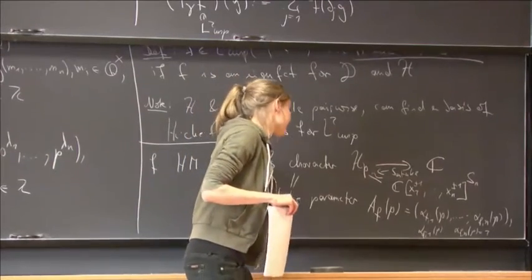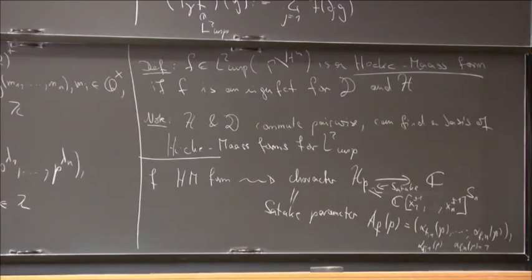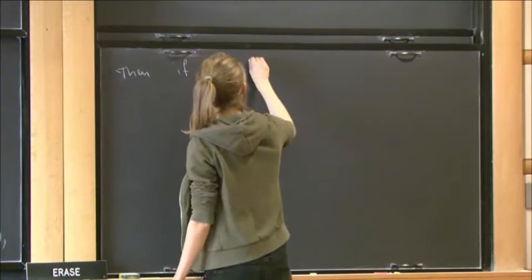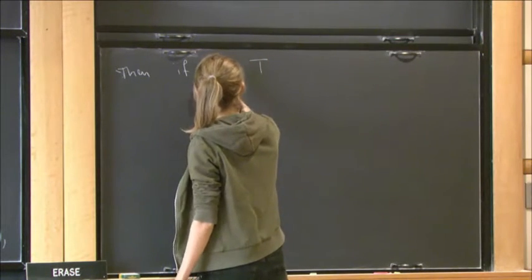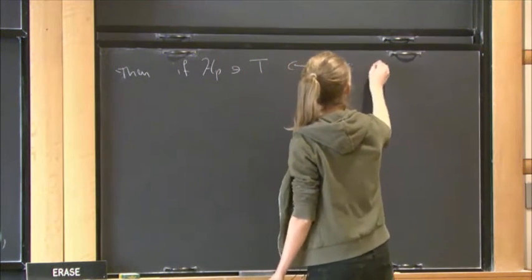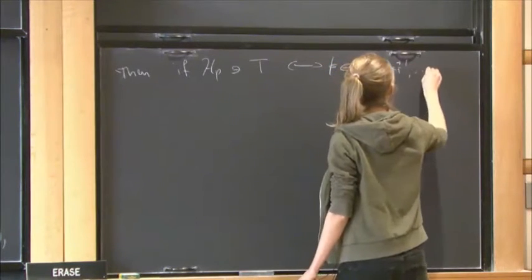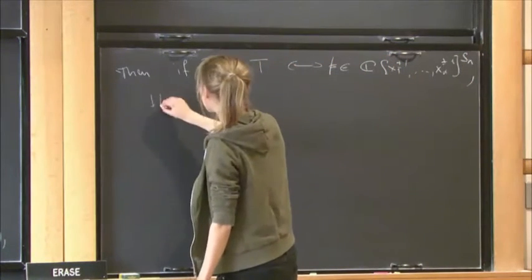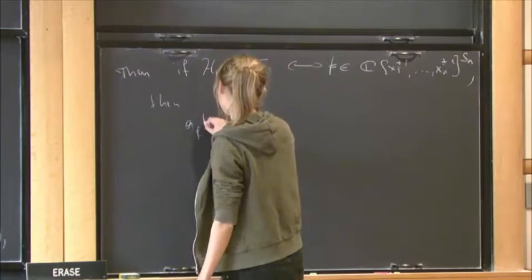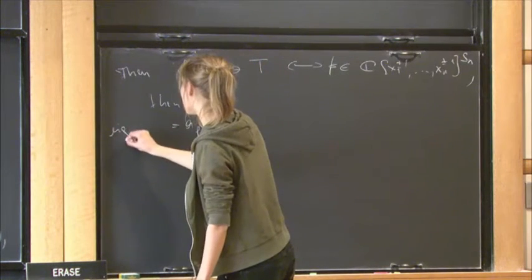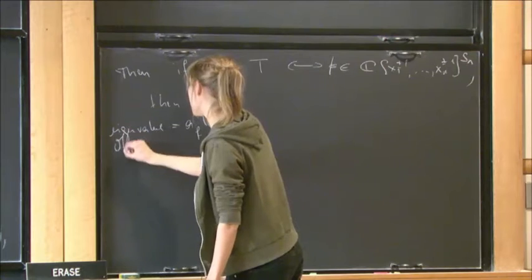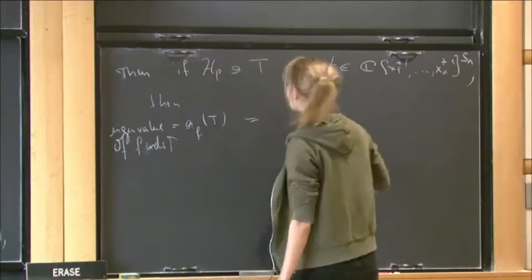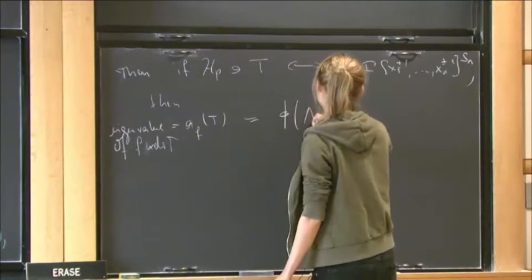And then if the Hecke operator T in H_p corresponds to the symmetric polynomial, then A_f(T), the eigenvalue of F at T, is given by phi of A_f(T).